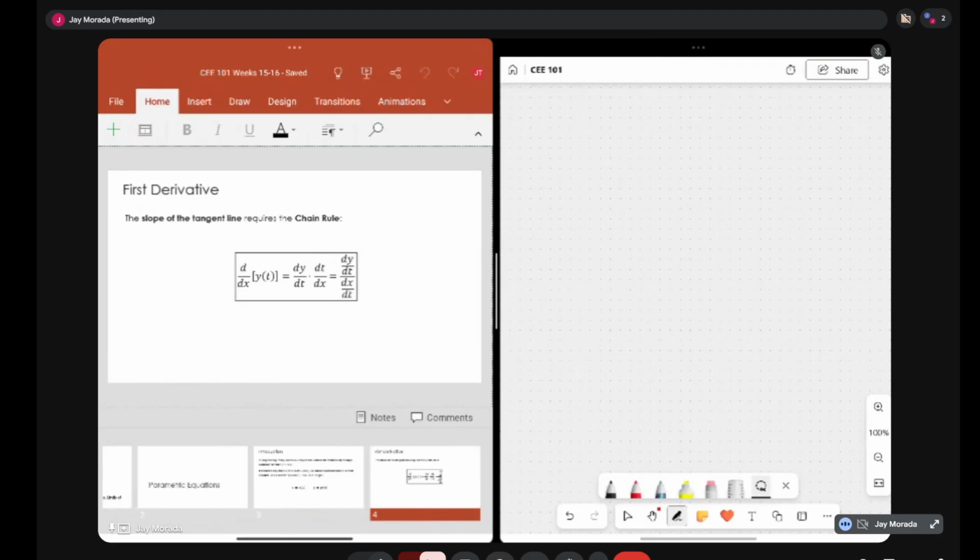Now, how do we find the derivative of a parametric function in terms of the other variable? So that is the chain rule. So we have the derivative with respect to x of y, a function of time.